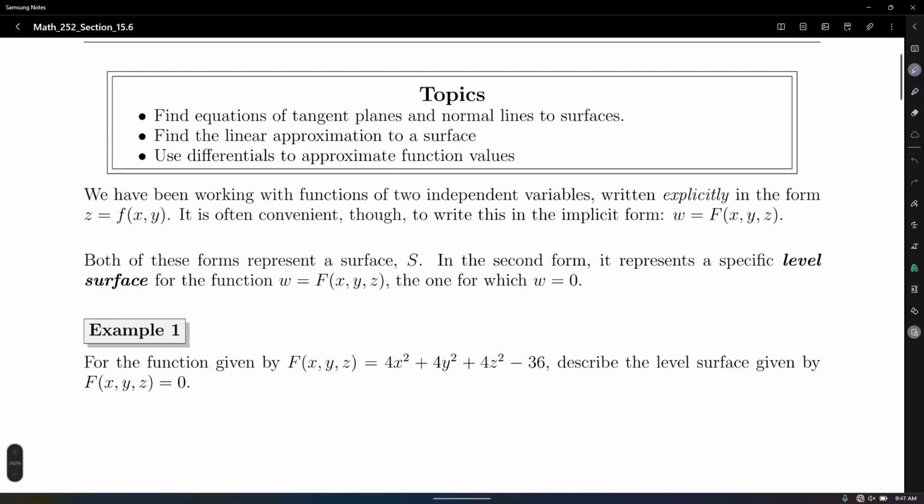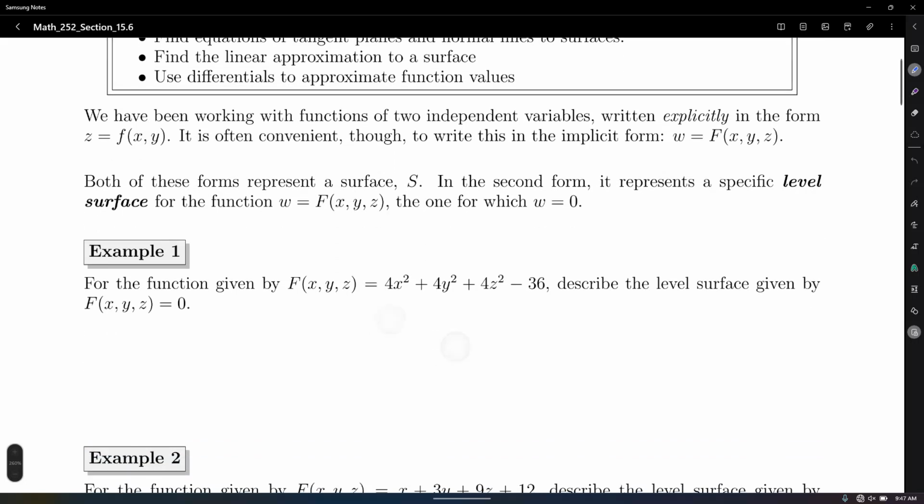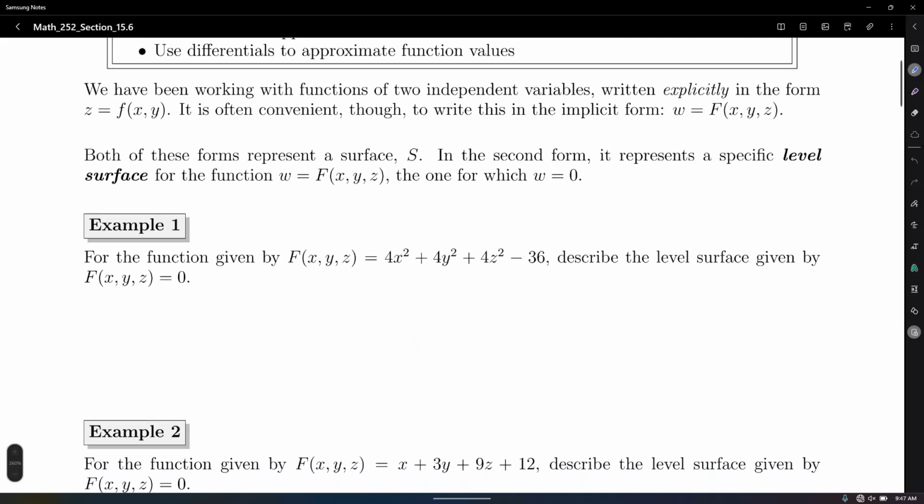Let me get my notes first. Right here. All right. If we're given this function f of x, y, z equals 4x squared plus 4y squared plus 4z squared equals 36, this is an explicit function f that contains three independent variables, one dependent.